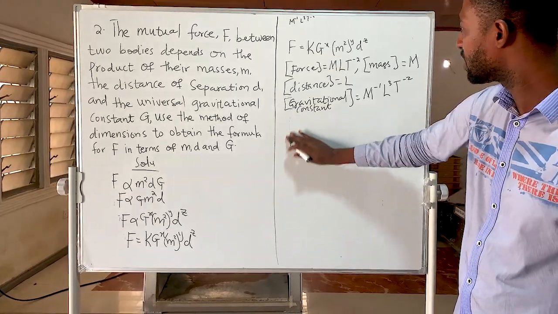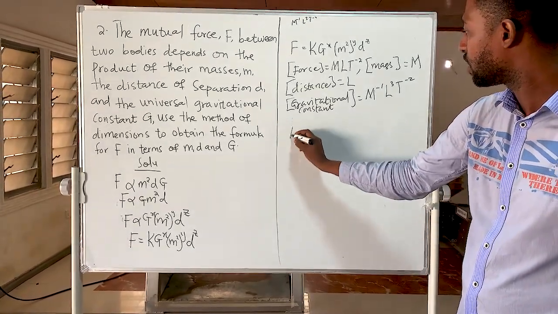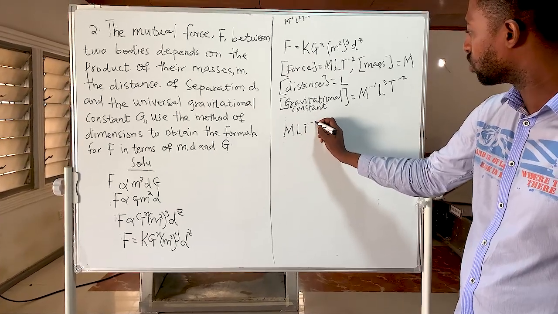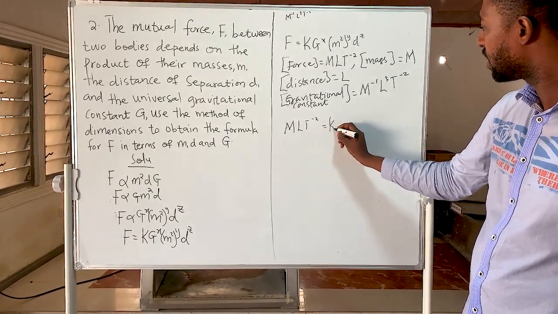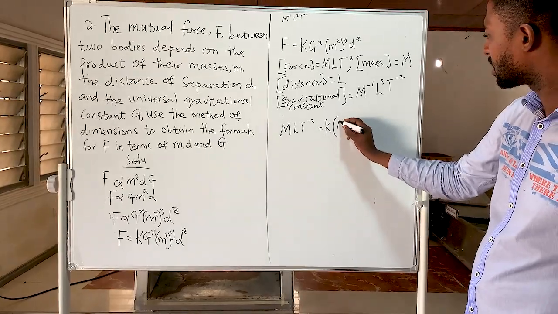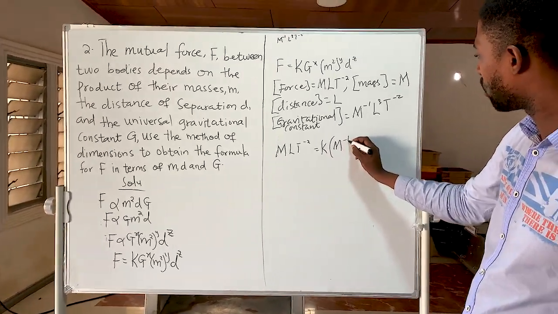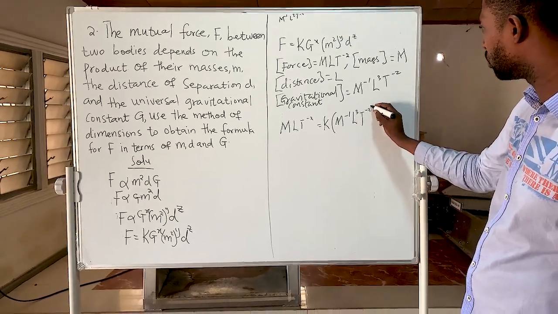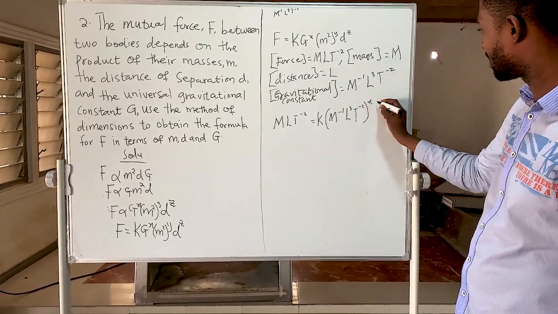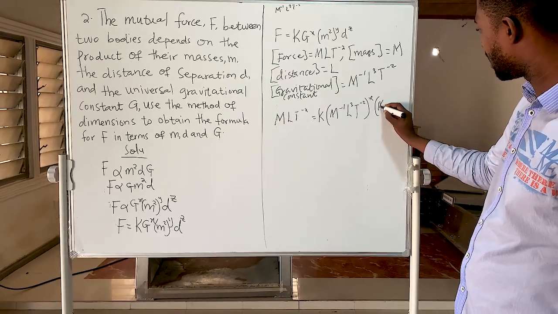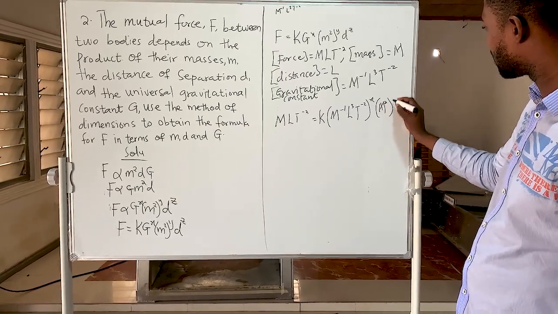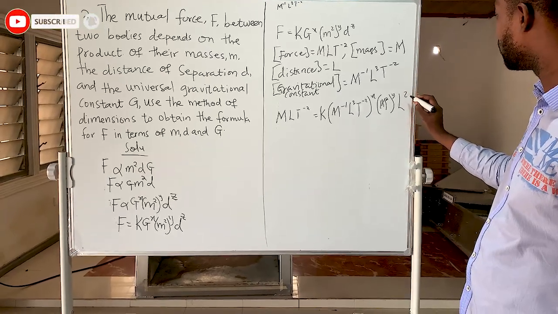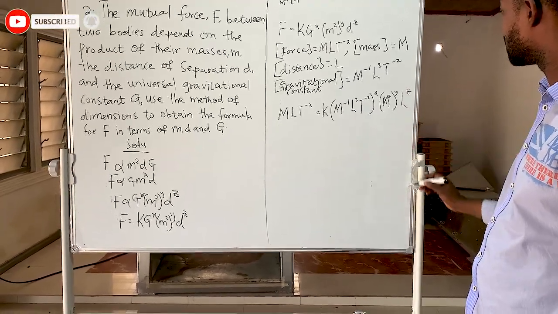So we are going to have, instead of force, m Lt minus 2 equal to K times the bracket m raised to the power minus 1, L raised to the power 3, T raised to the power minus 2, raised to x, multiplying m squared raised to y, then L multiplying L raised to the power z.